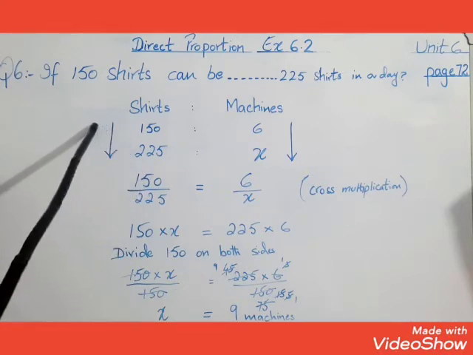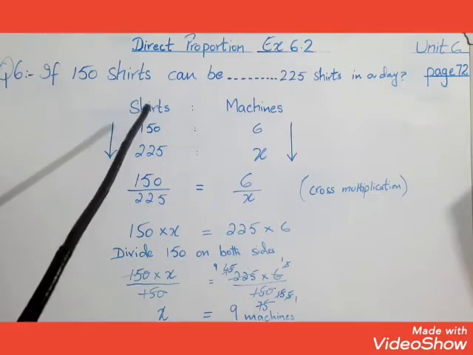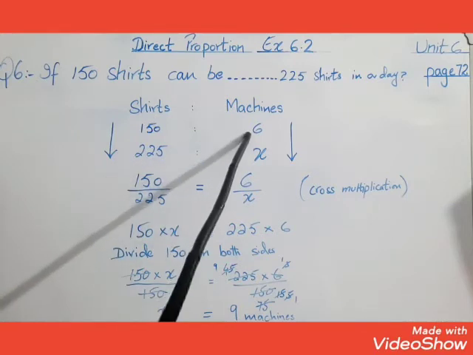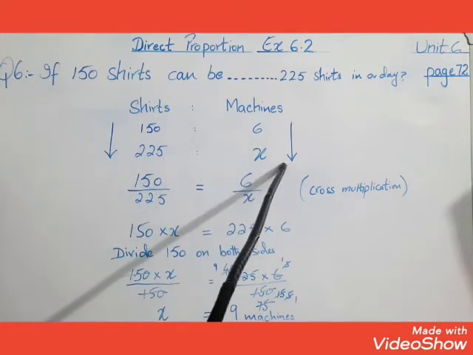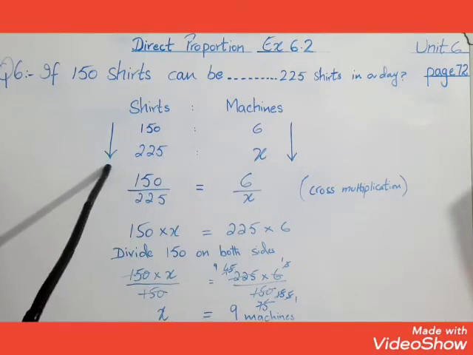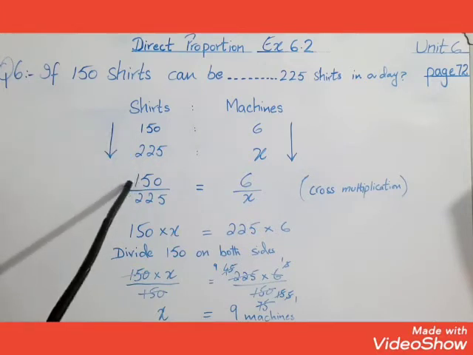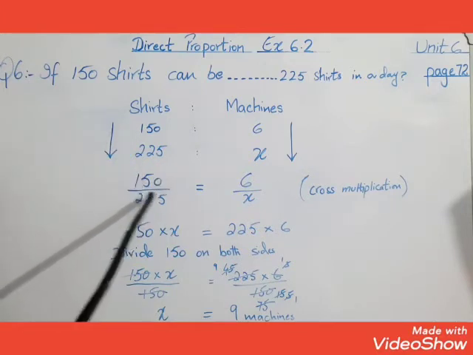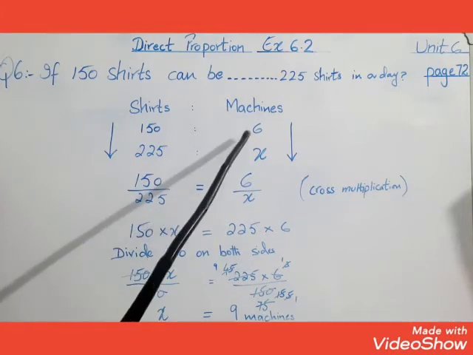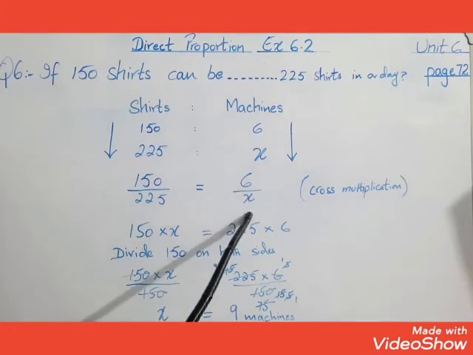So the arrow goes downwards, because the number of shirts increases from 150 to 225. Same over here. So we will show the arrow downwards. Now this is the arrowhead and this is the tail. So the tail comes first. 150 over 225 is equal to, again the tail will come first, 6 over x.